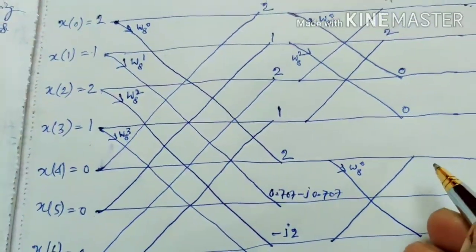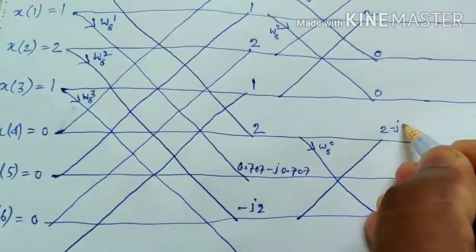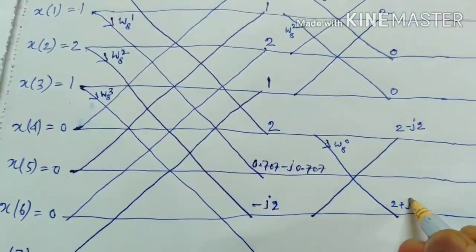We get 2 minus j2, and that value will be 2 plus j2.